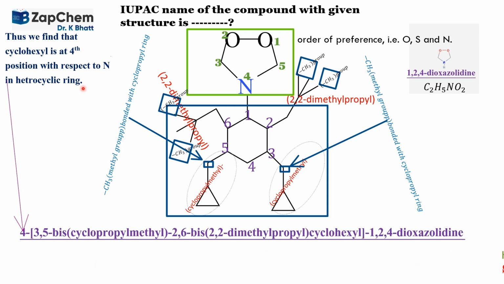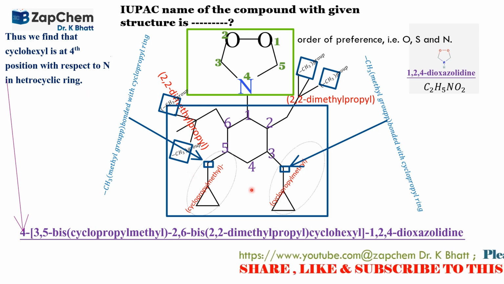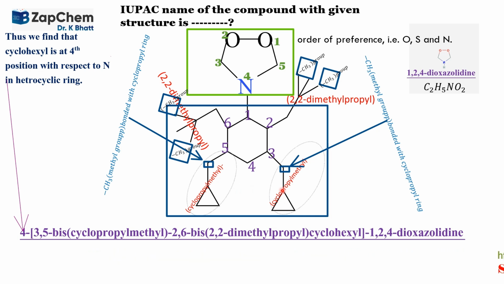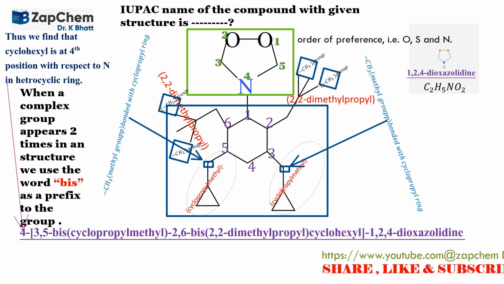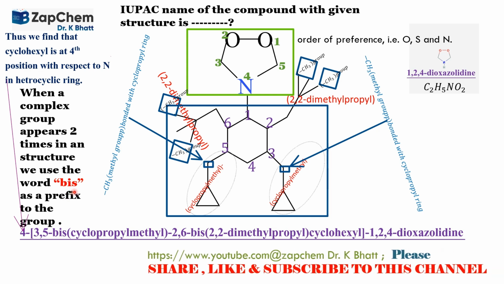Therefore it has to be numbered with 4. One thing is very important: when two similar complex groups are attached in any structure, as per IUPAC norms we use the term bis for two.